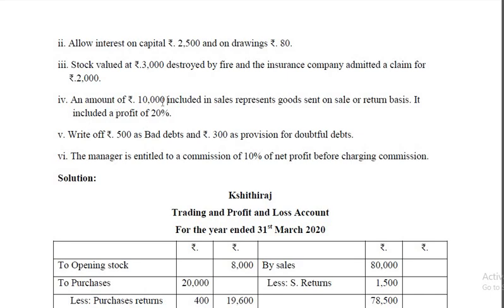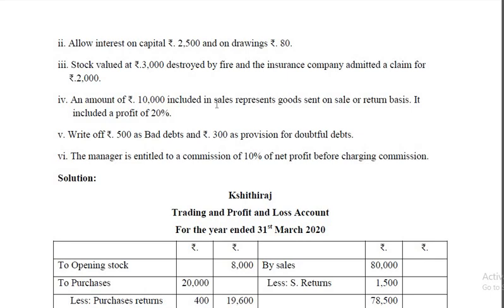Look at the fourth one. An amount of 10,000 included in sales represents goods sent on sale or return basis. It included a profit of 20,000. So 10,000 is included in sales, which is considered to be goods sent on sale or return basis.